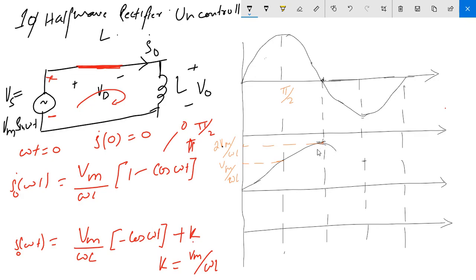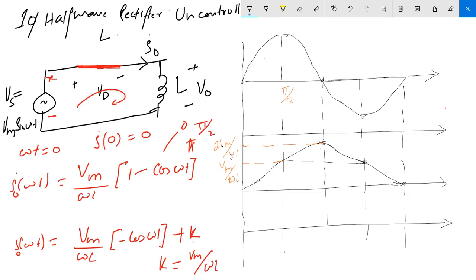The instability is caused because of the... okay, so this is how the nature of the waveform goes on. Like here at 3 pi by 2 you will get 2 Vm upon omega L, this is the value, and at 2 pi it will be going to 0.